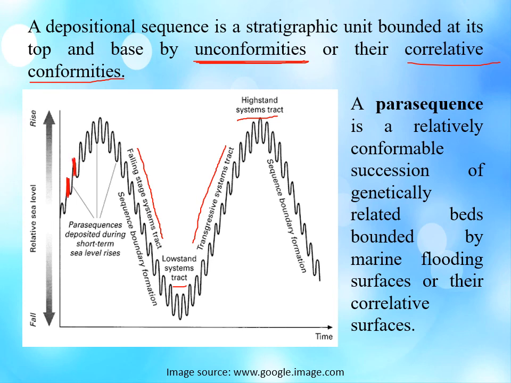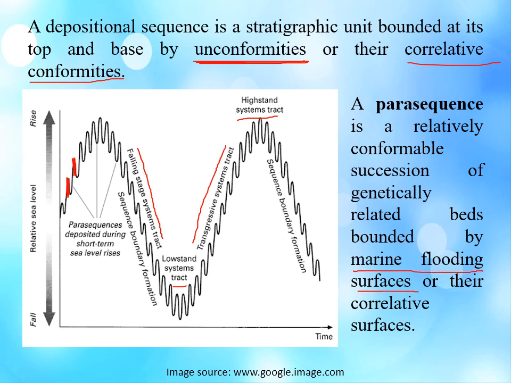Mind it, a sequence is bounded by unconformities, but a parasequence is a minute part of a sequence, which is a conformable succession of genetically related beds bounded by marine flooding surfaces.